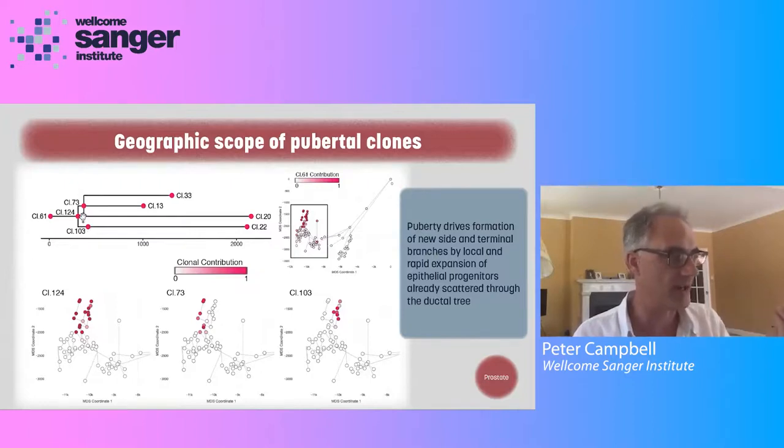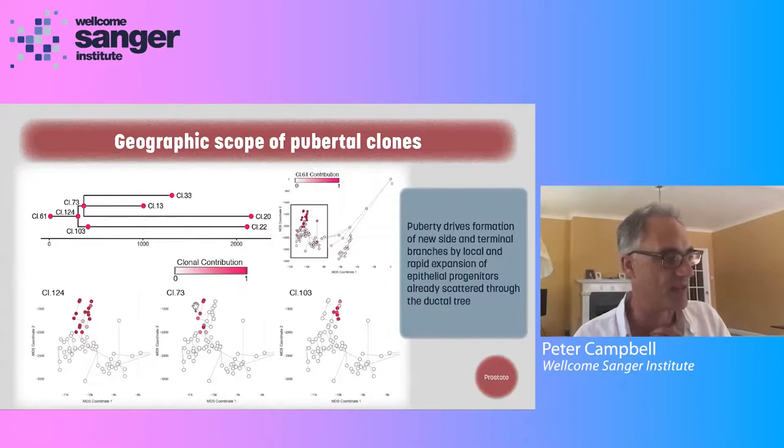present locally at adolescence. So you can see here's a set of coalescences or branch points that occur during puberty. And what you see is that the geographic scope of those clones is different. This entire side branch here is seeded by one of those cells created in adolescence.